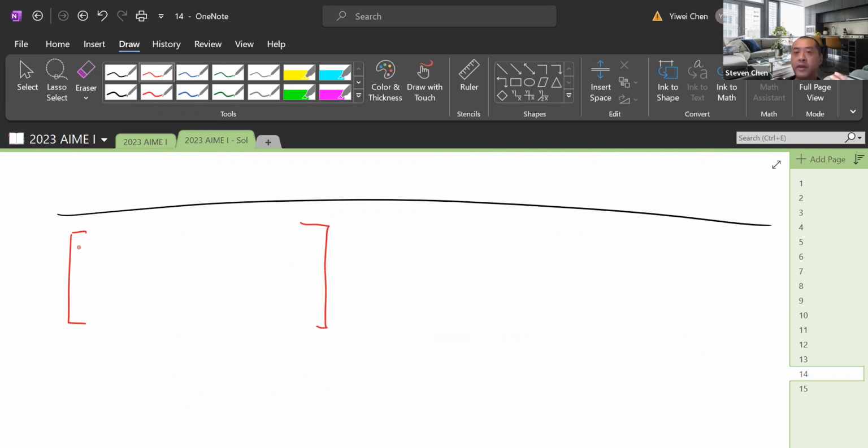Let's look at one column, say column J, where J is from 1 up to 11, so it's not the last column. And let's look at its right neighboring column, J plus 1. This is what we know.